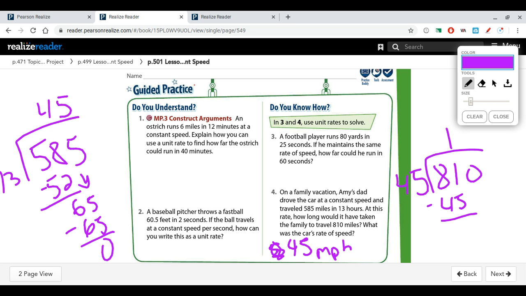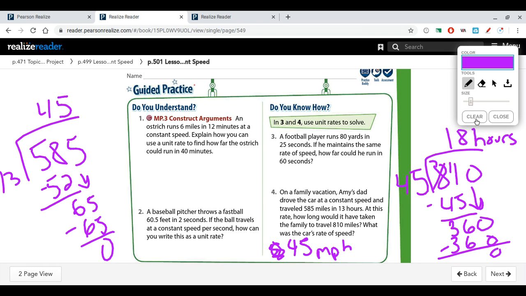I'm going to do some subtraction. 11 minus 5 is going to be 6, 7 is going to be 3. I bring down the 0, and then I look at how many times 45 is going to go into 360. It's going to go in there 8 times. That's 360. Subtract, 0 left over. So it will take the family 18 hours.